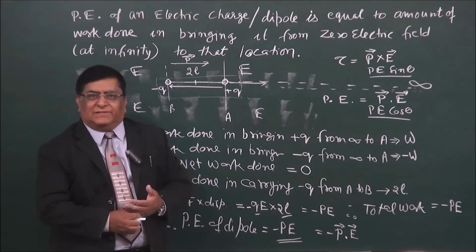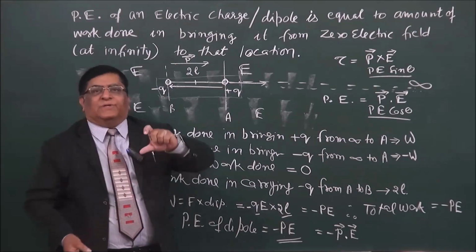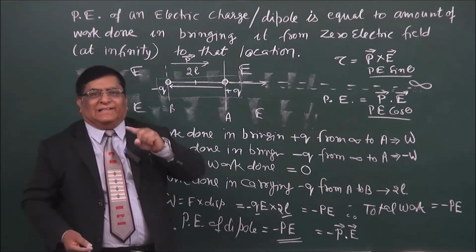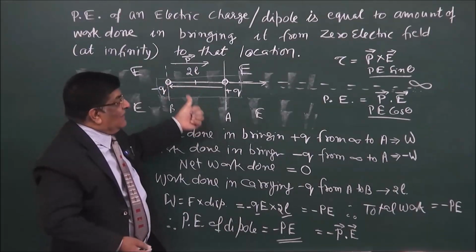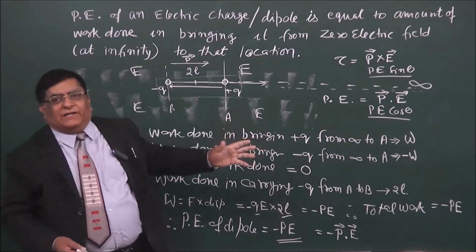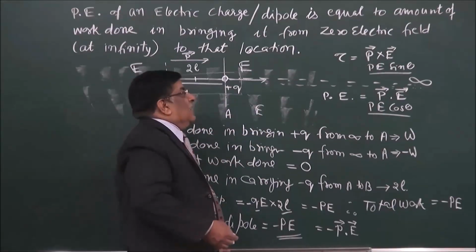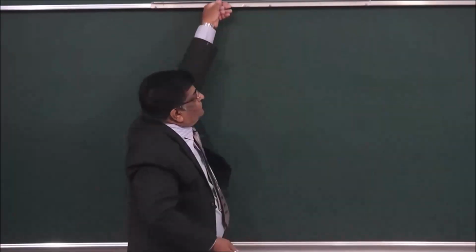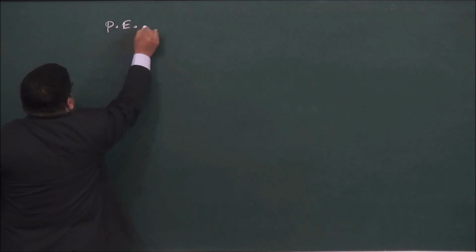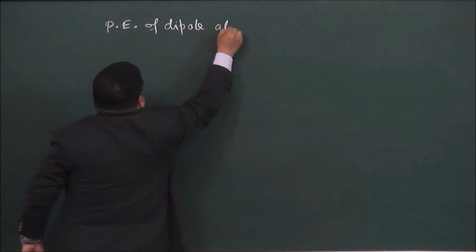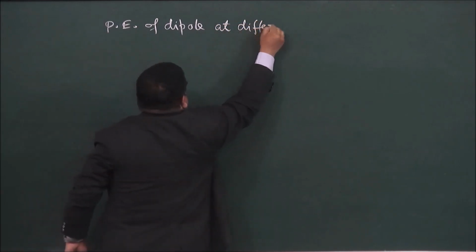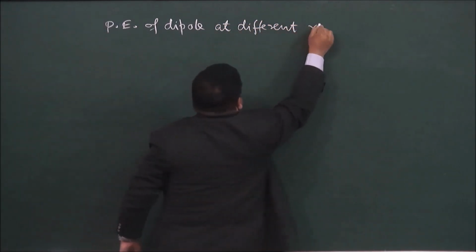How will there be change? Because we are doing certain work on it, and that work will be added. The work of rotating it will be added, and that will change its potential energy at different locations. See how it is done. Potential energy of dipole at different rotations.